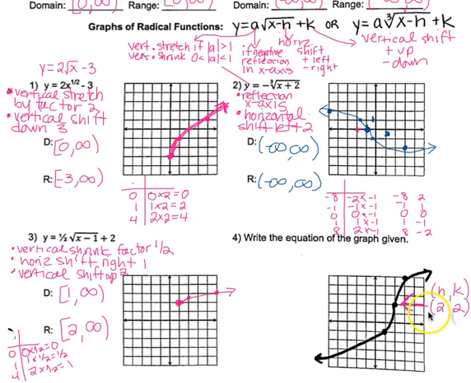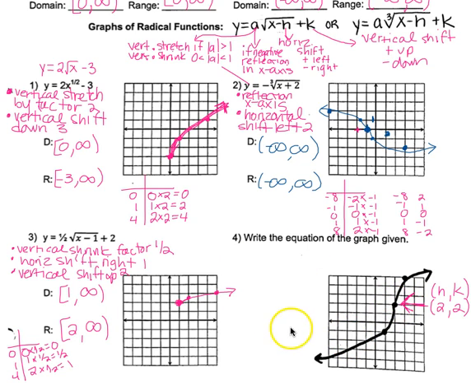So that means I've got a horizontal shift right 2 and a vertical shift up 2. I also know from the shape that this is a cube root, not a square root. So now I just need to figure out what the a value is. The branches are going the same way as the parent, so I know it's not negative.